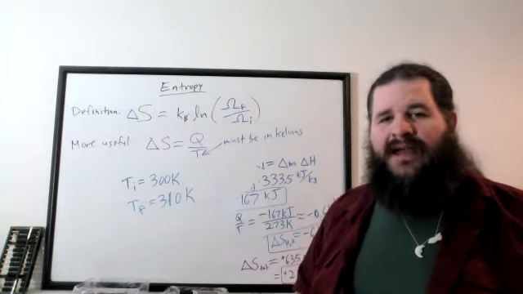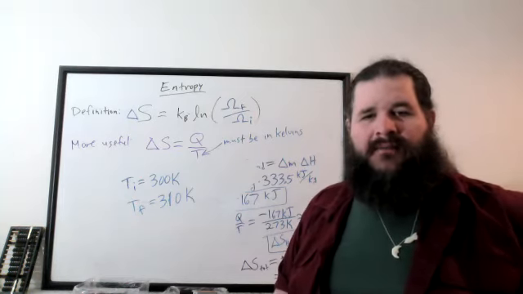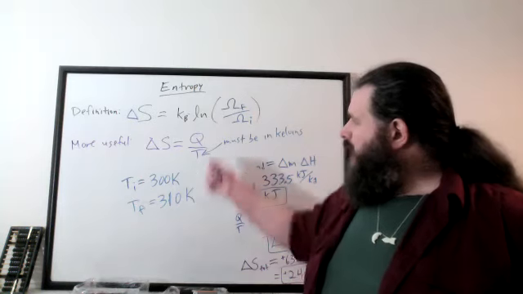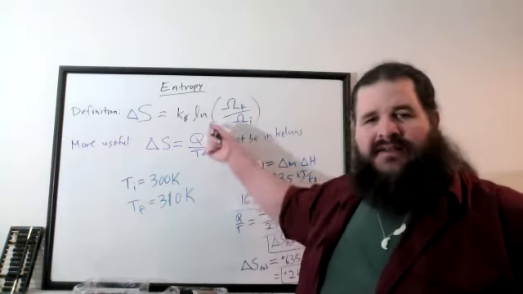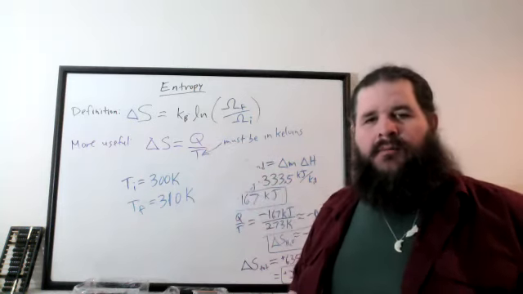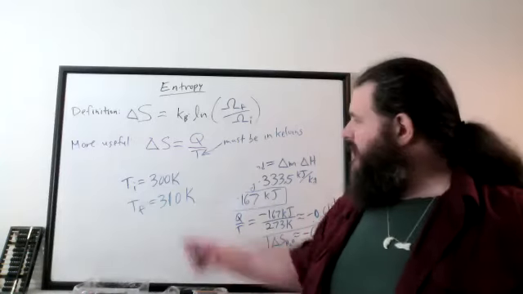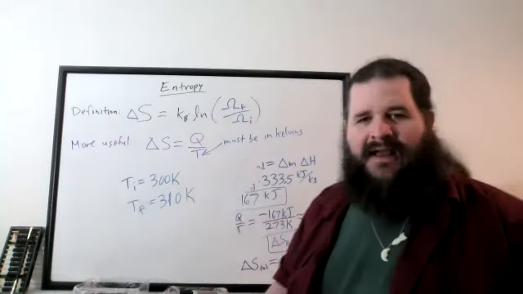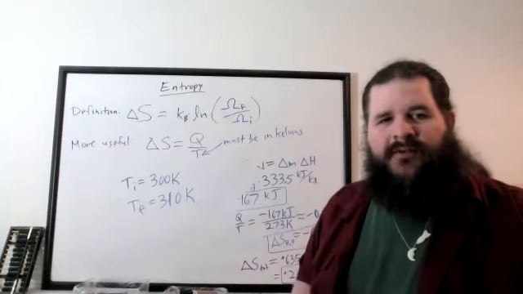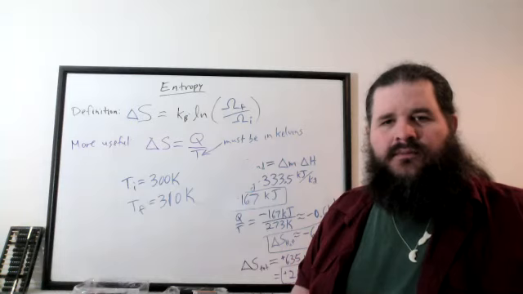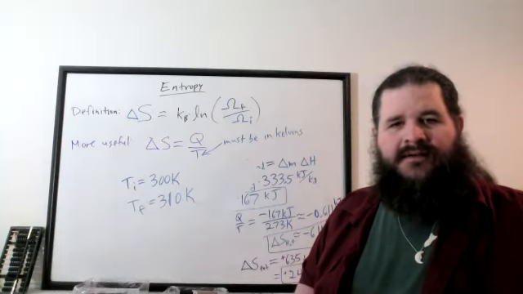Heat is the process happening over the course of some period of time. So you can't just take heat divided by one temperature and heat divided by the other temperature. But what you can do is treat it as almost like a constant temperature. If it starts at 300 and ends at 310, what's a single temperature that is pretty close to all those temperatures in between?